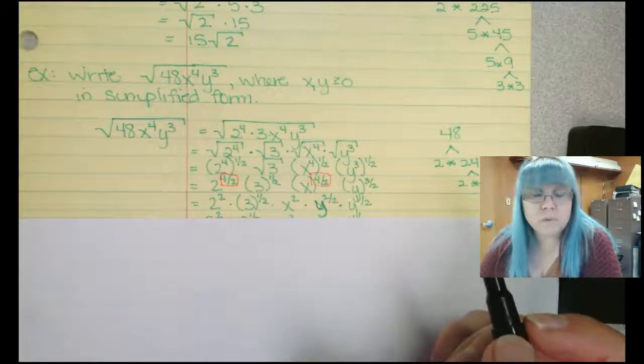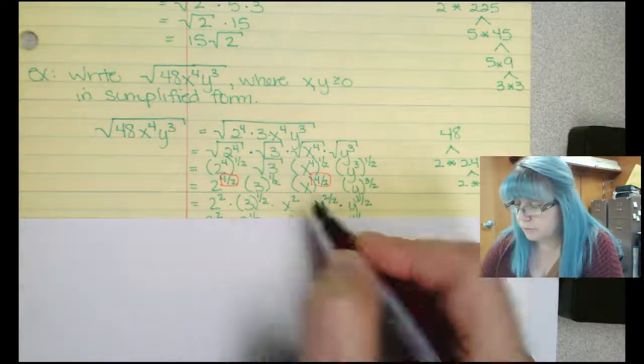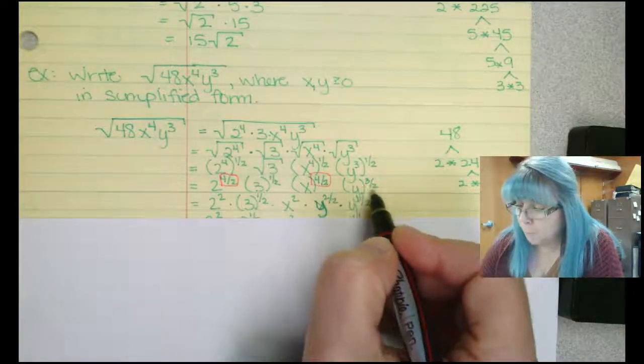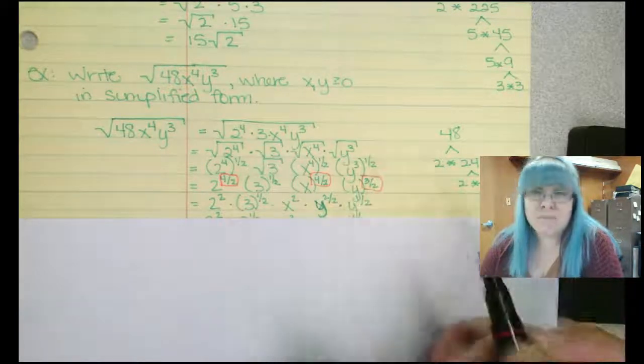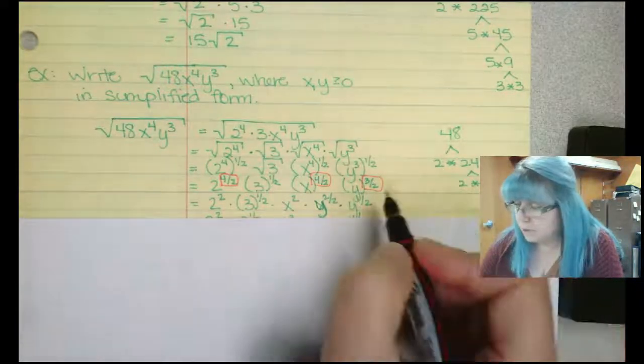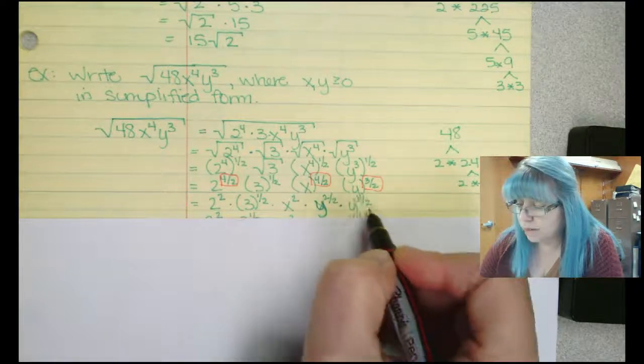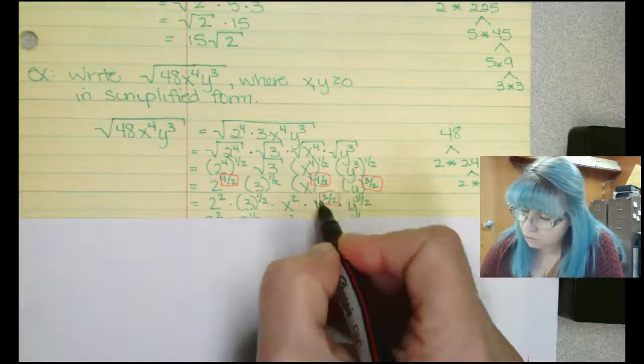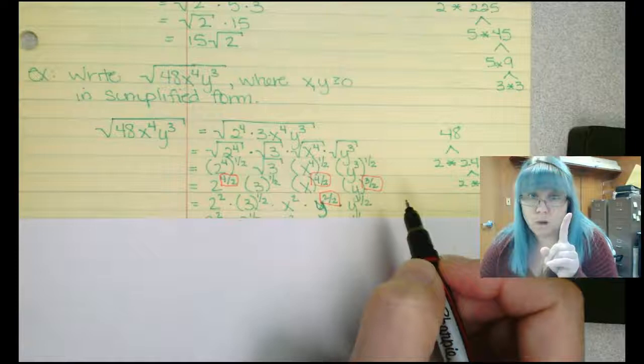That 4 over 2 will also reduce down to a 2. And this 3/2, I broke it apart into 2 over 2 and 1/2, because 2 over 2 will reduce down to 1.